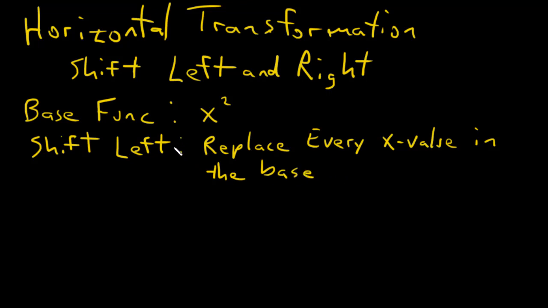And let me shift left. I'm going to put a little number here so I can use it as an example. By 7, okay? Replace every x value in the base function with x. If I want to shift it left, which is towards the negative side, I'm going to add 7 to it. Okay, I'm going to replace every x in the base function with x plus 7.